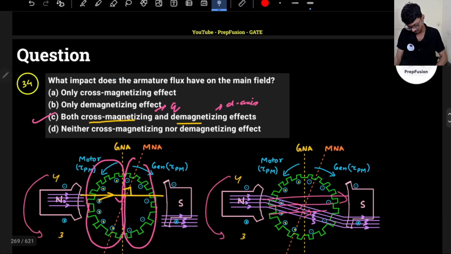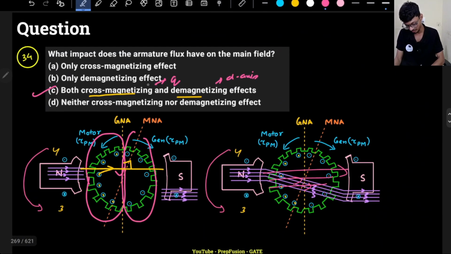So I think I have not defined what is cross magnetizing and demagnetizing, so I will define it here. Cross magnetizing is the flux that changes the direction, because the main field flux is in this direction and cross magnetizing will be in this direction.